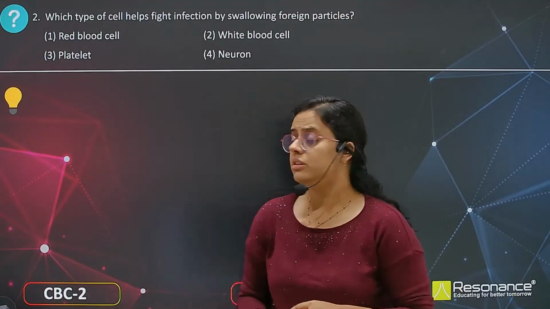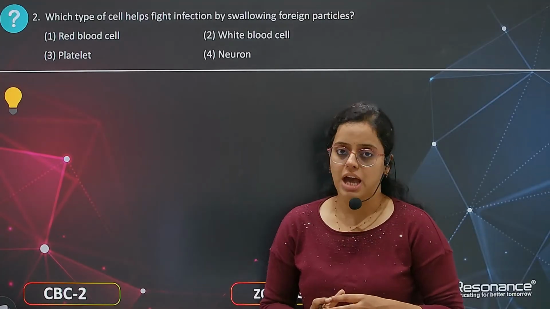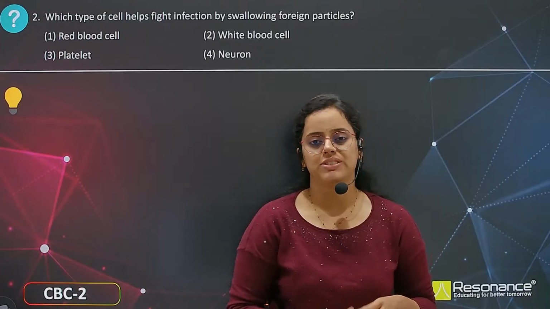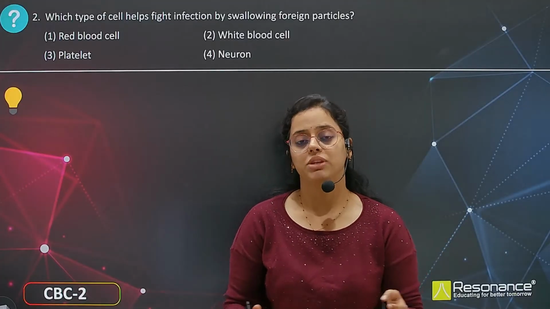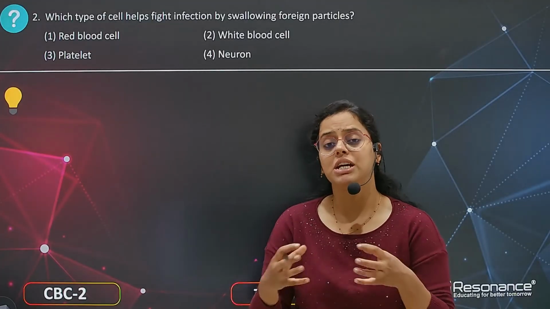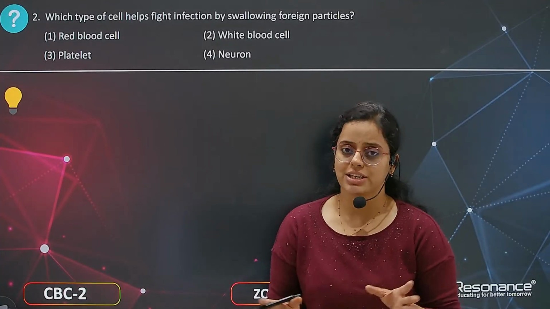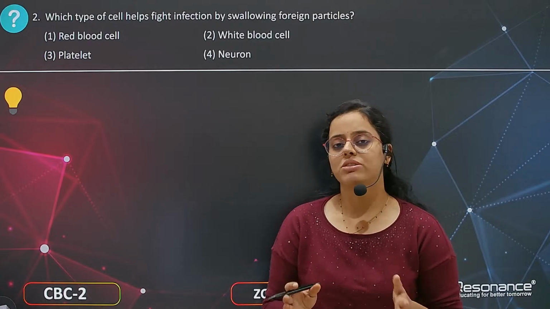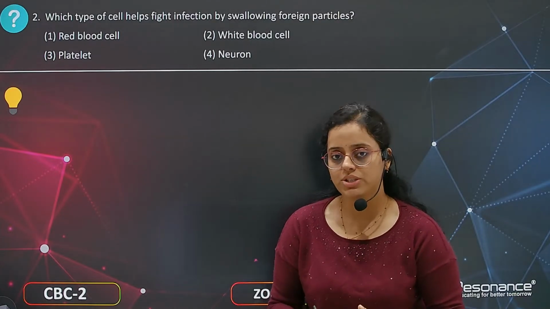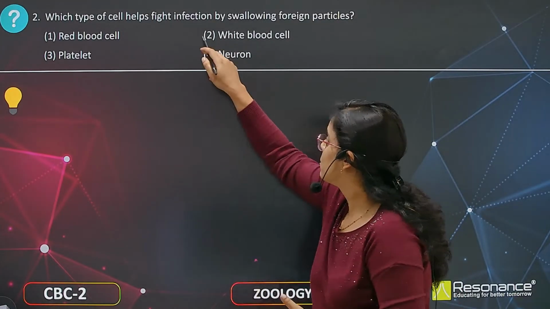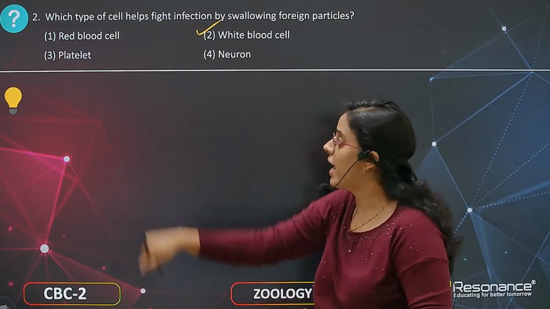So phagocytosis is done by certain types of WBCs like neutrophils. They engulf the bacteria, kill the bacteria, digest the bacteria and excrete the remnants. This process is done by neutrophils, macrophages, mast cells. So the answer over here is going to be the white blood cells.